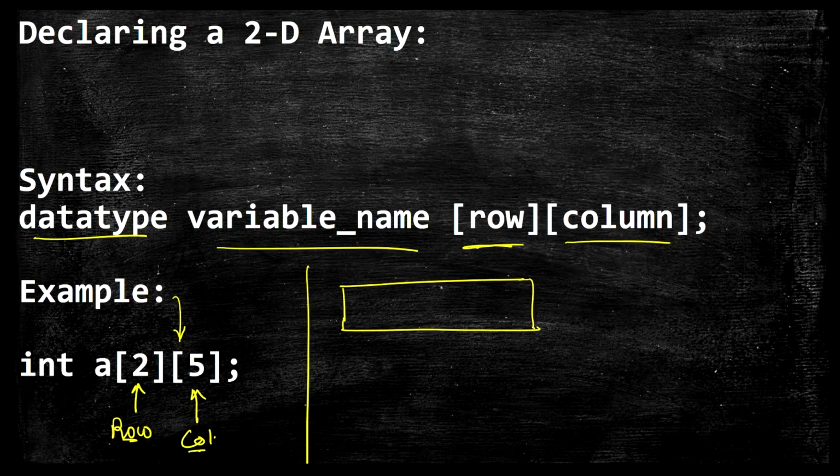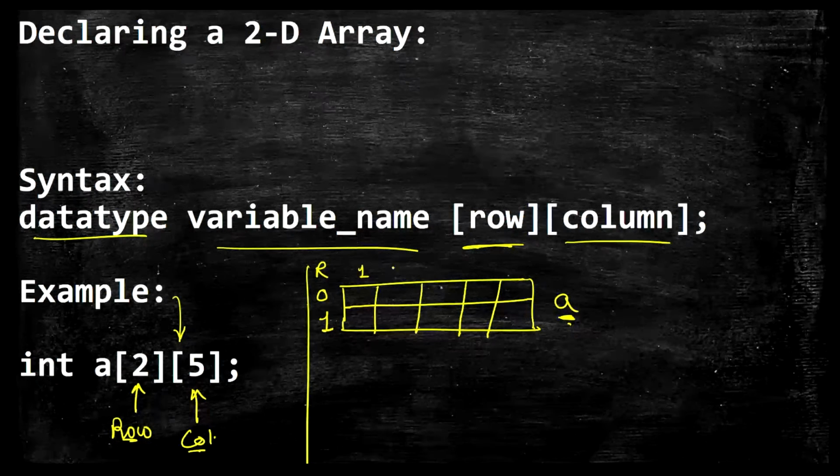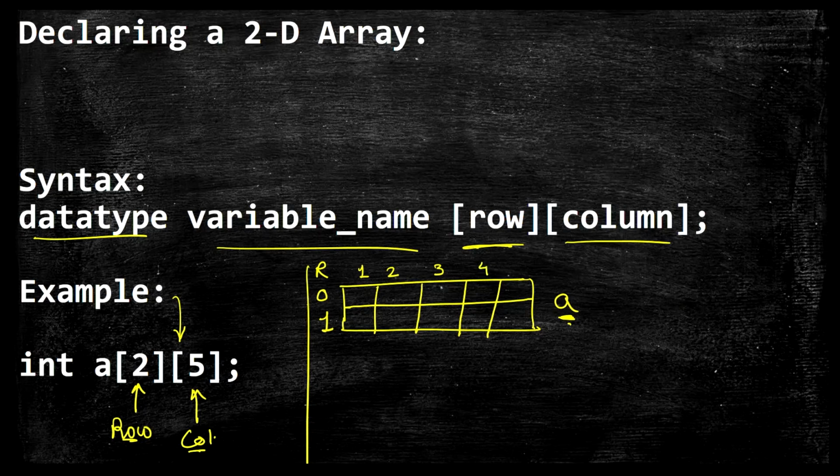It will create a space in the memory like this, with elements like this. The name of this is A. This is the 0th row, this is the 1st row, and the columns start from 0: 0 1 2 3 4. So in this way we declare a 2D array.